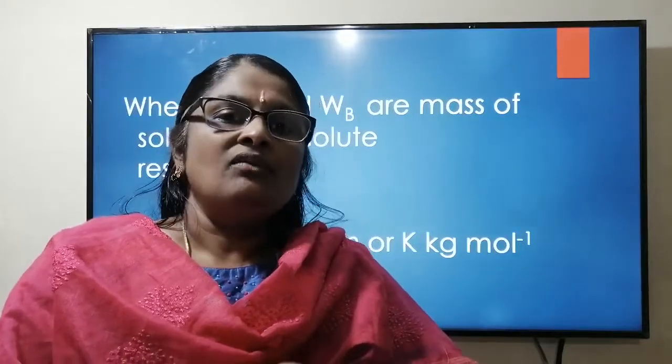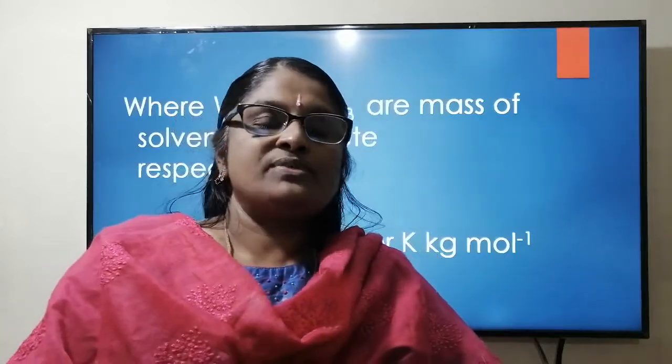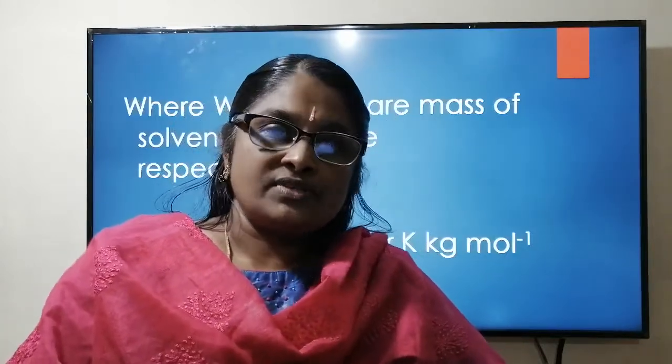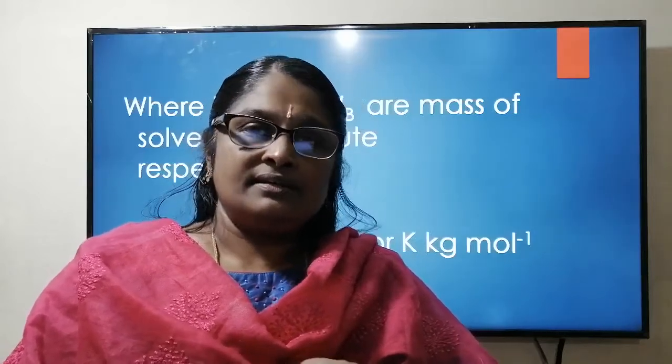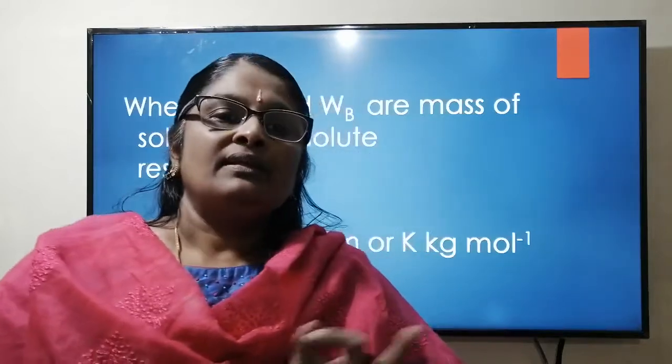So two colligative properties we have discussed today. I just take down the questions. The last week also I forgot to give the questions. What are azeotropes? Which are the two types of azeotropes? Write down the peculiarities of these azeotropes with examples. Then today's question: what are colligative properties?